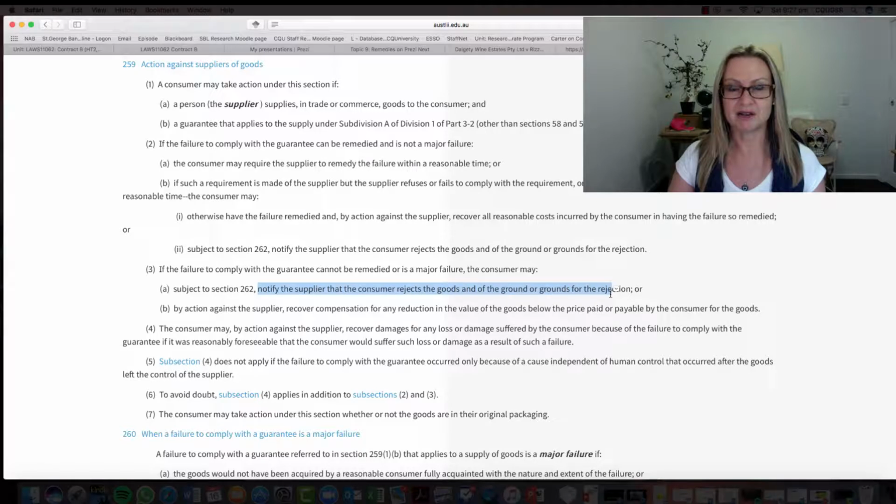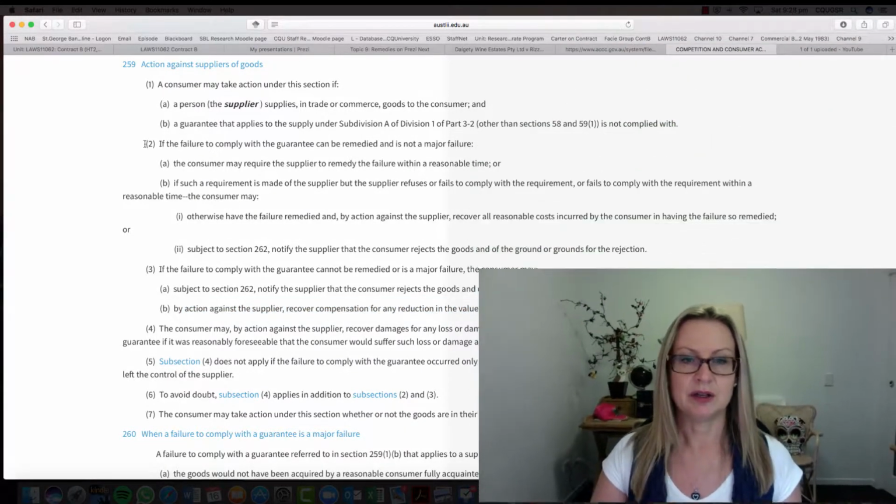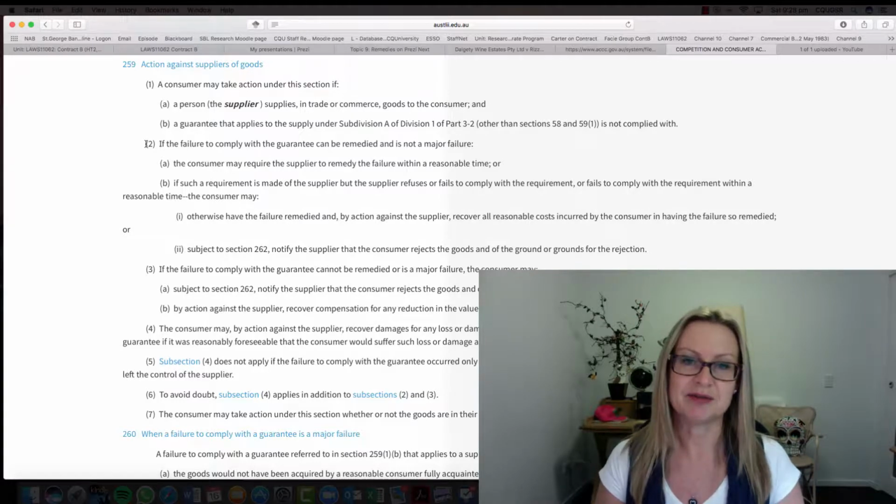If that fails and you actually want to keep the goods for some reason, you can take an action to recover compensation for reduced value of the goods because of the shoddy workmanship or whatever it is that's caused the problem. Okay, so what happens then if your failure of the consumer guarantee is not a major failure.